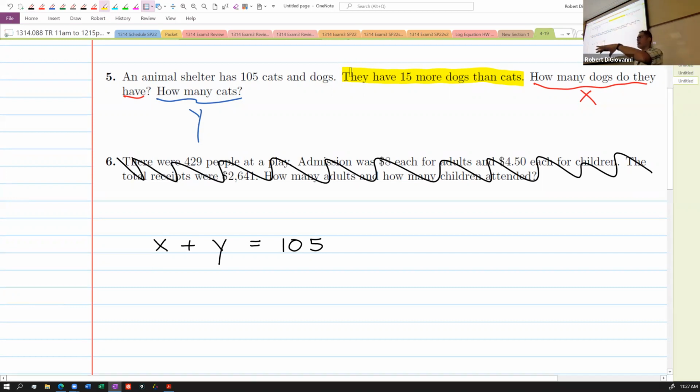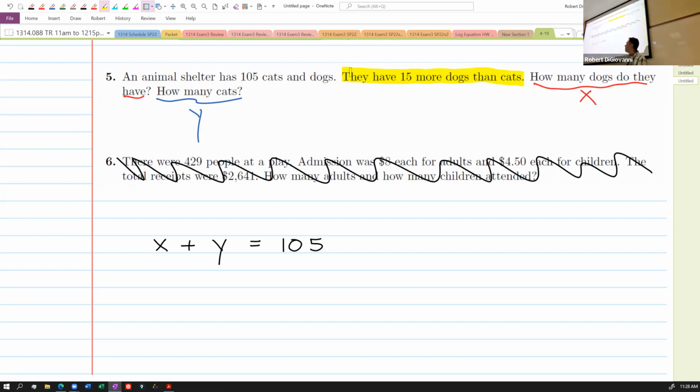So here's the way that I would think about it, if you're having trouble coming up with that equation. Let's say that there were 5 cats. How many dogs would you have? Well, then that wouldn't work, would it? Because there's two things.